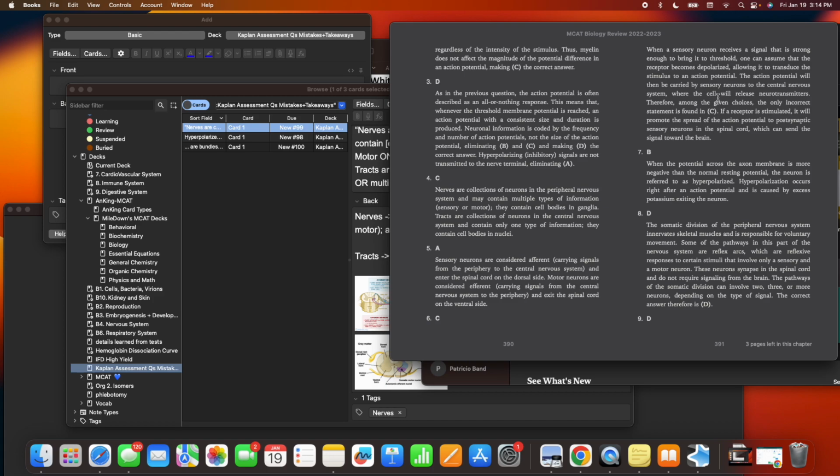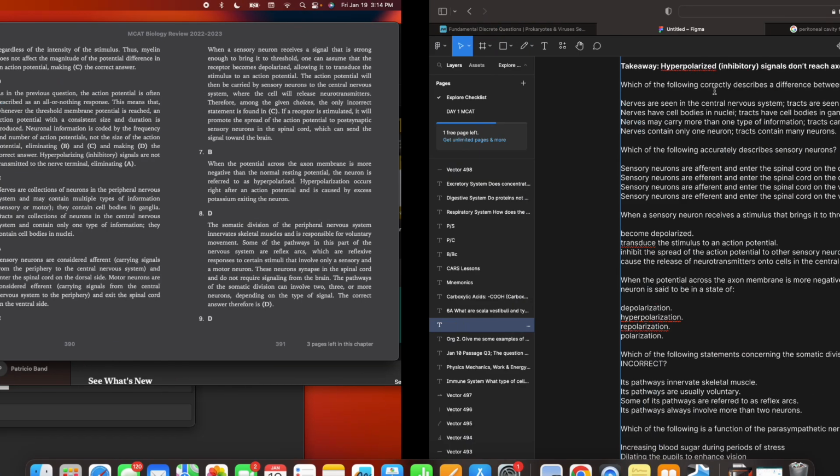So the action potential will be carried by the sensory neuron to the CNS, and in the CNS the neurotransmitters are released. Therefore, among the given choices, the only incorrect statement is found in C.